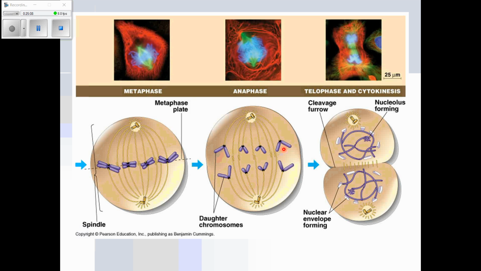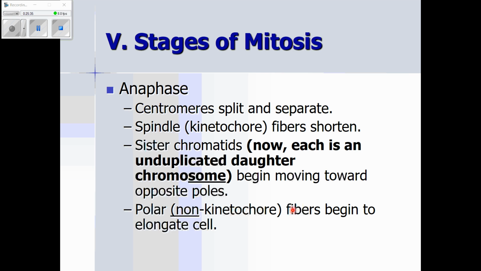There would be 46 chromosomes being pulled to the north end, and another 46 identical chromosomes being pulled to the south. 46 chromosomes going north, 46 chromosomes going south, and that's how we're going to end up with two separate cells, and they're each going to have 46 chromosomes.